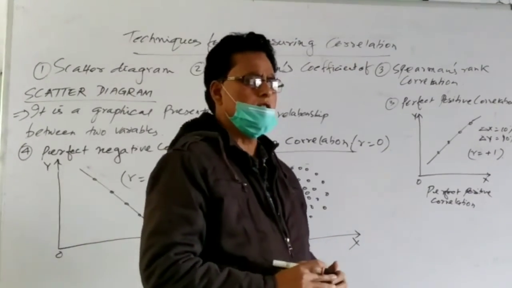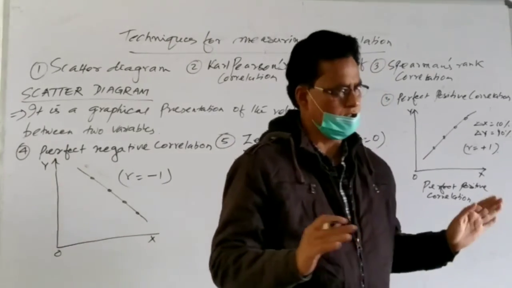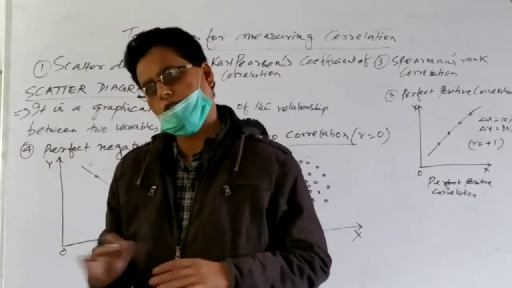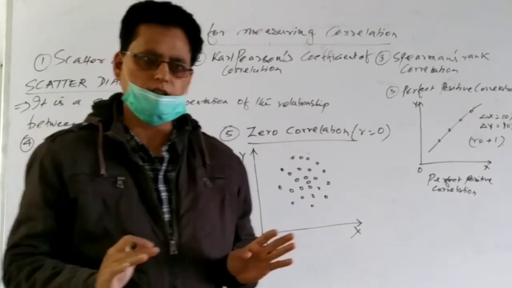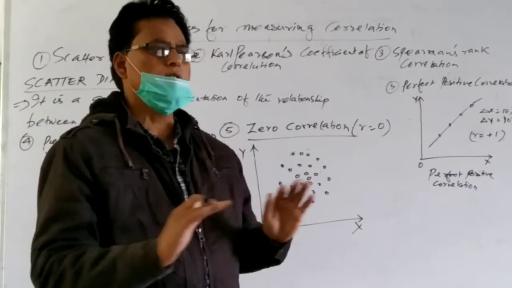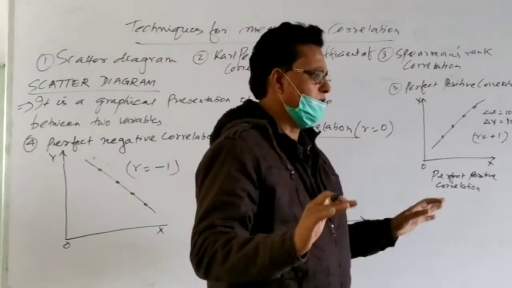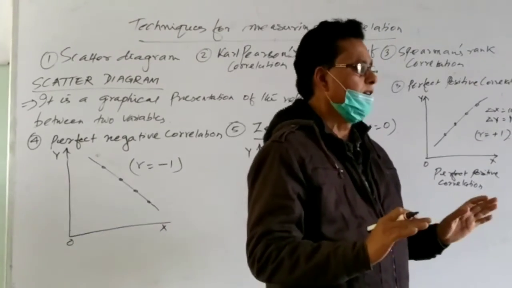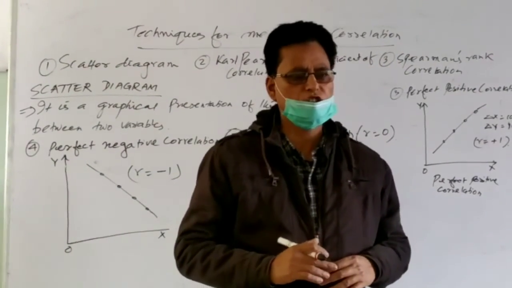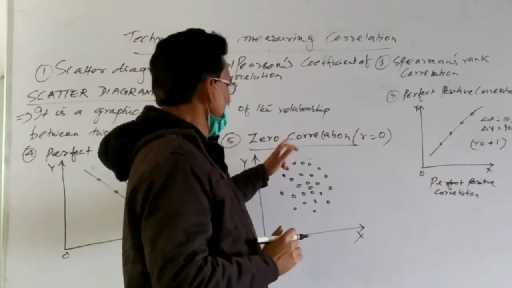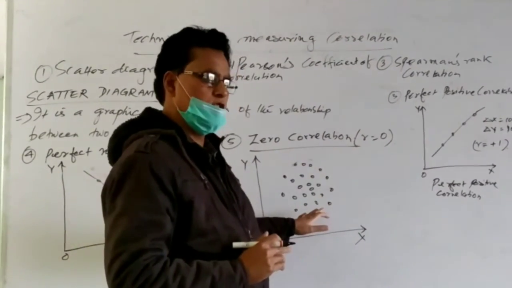They do not show any relation. Both the variables are not showing any relation. If both the variables do not show any sort of relation between them, that type of correlation we call zero correlation. Have you understood zero correlation?